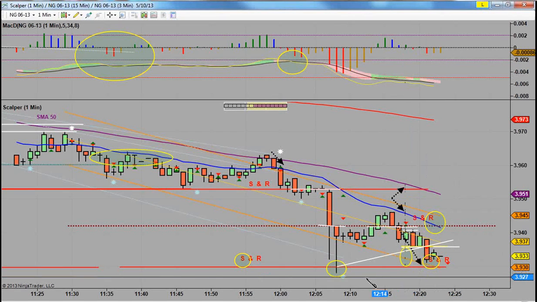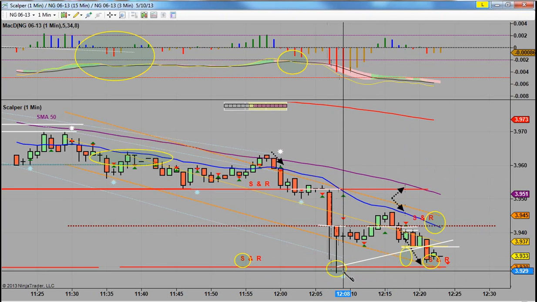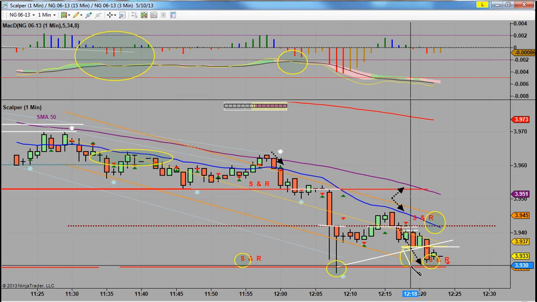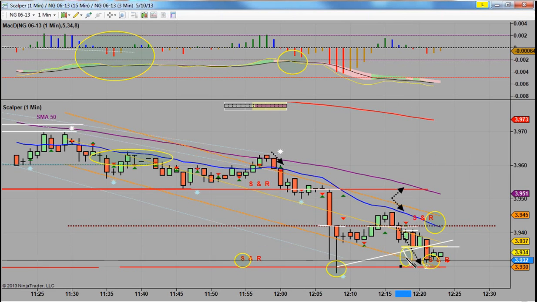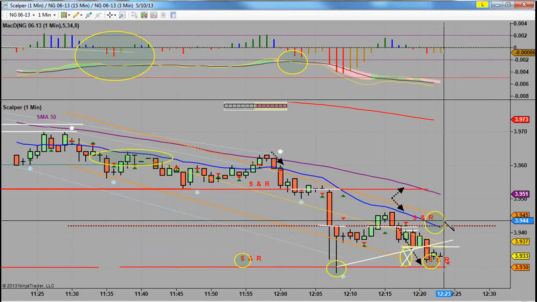So, as I said on the way up, if this is support and this held, this would be support right here. This distance between here and here would make a higher low. Same thing on this side.